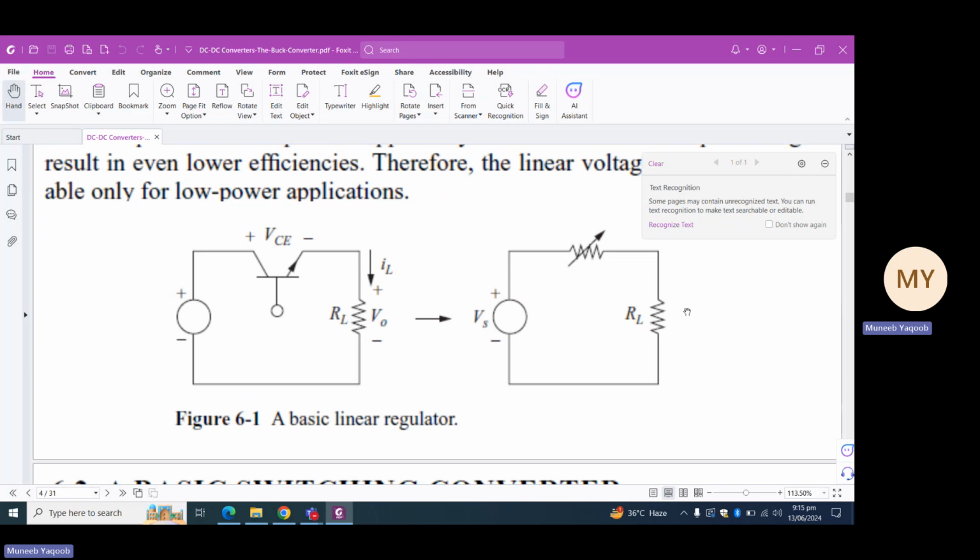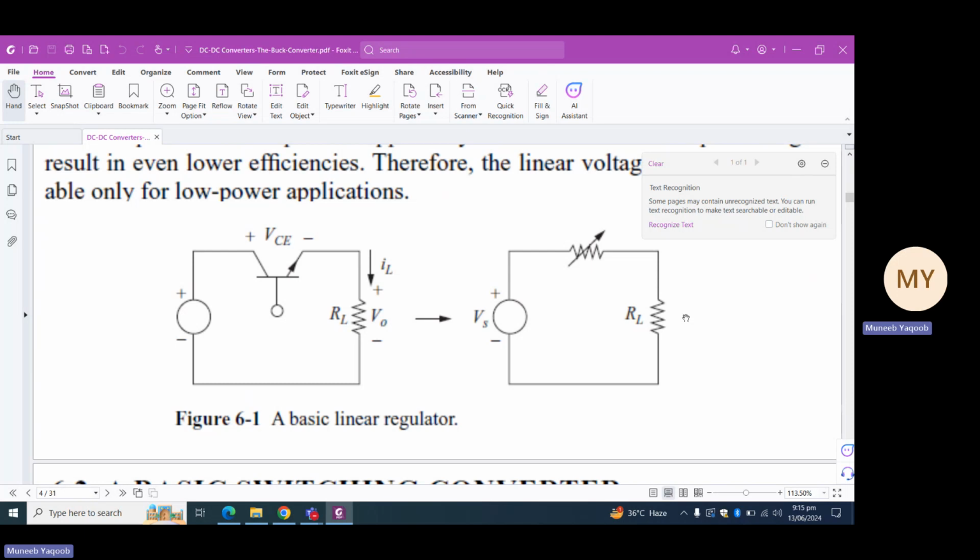How can we perform this task? We can control the input current IB of this BJT, and hence it can produce the desired collector current IC, which is basically equal to the load current in this case.